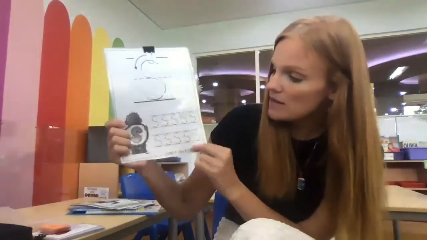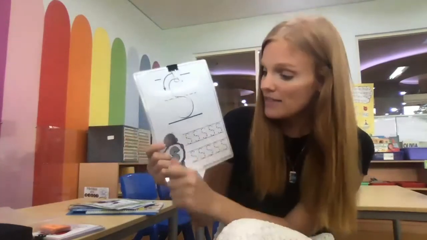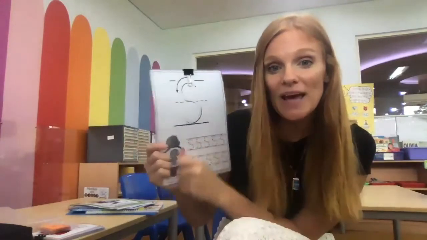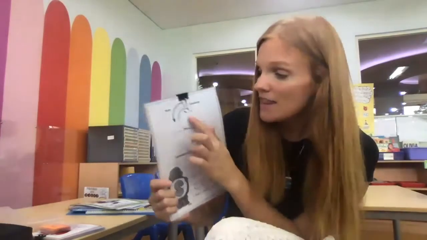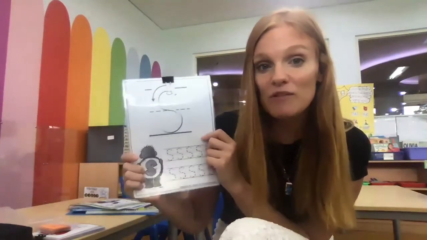On the bottom here, it's very simple. You can trace with a dry erase marker, and when you are finished, you can clean it off. The top is for shaping the letters with Play-Doh. And you can find the Play-Doh in the basic materials that I showed you before.